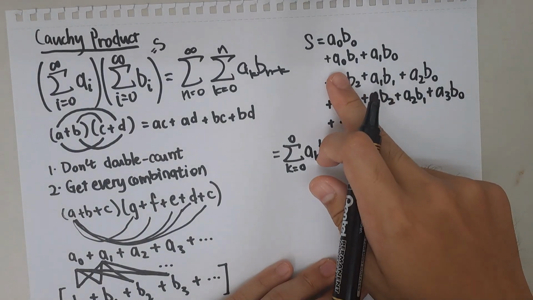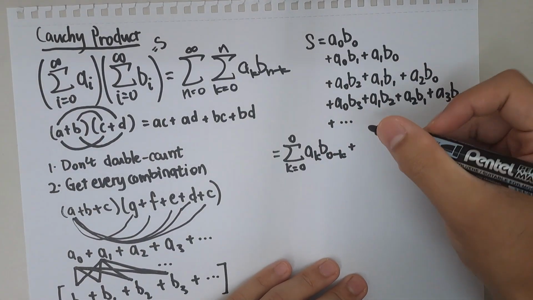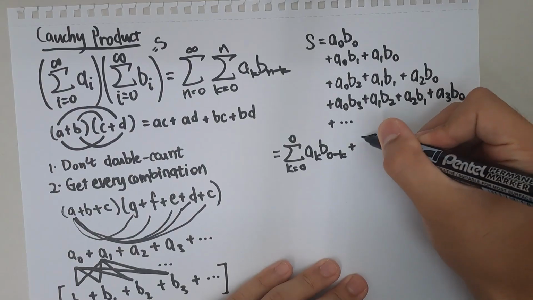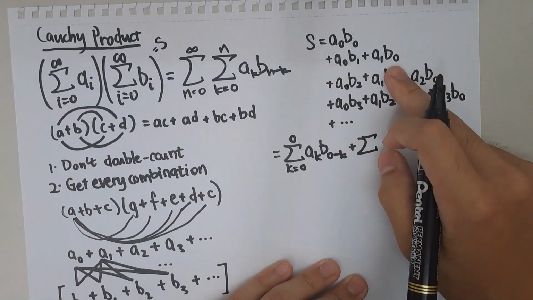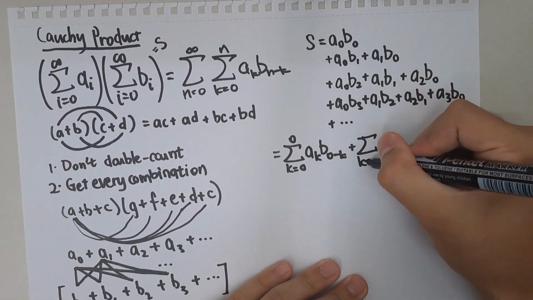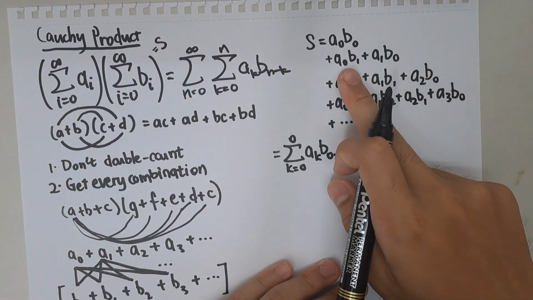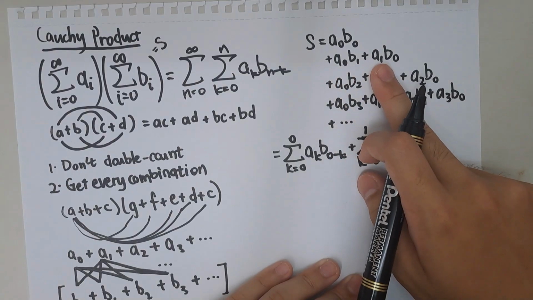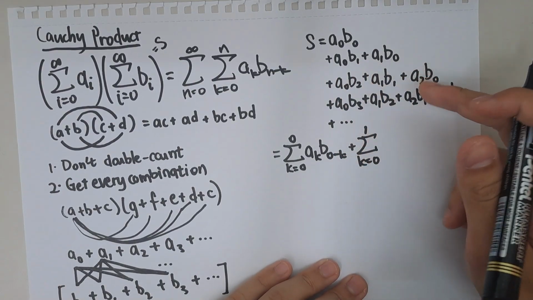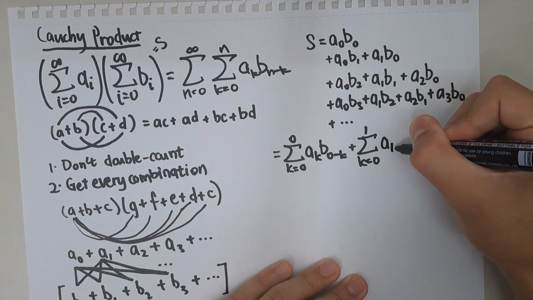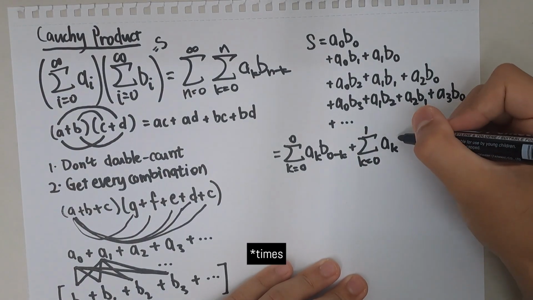And next we have this other sum. You can write this as k equals 0 to 1 for the rising index for the A terms, A sub k.